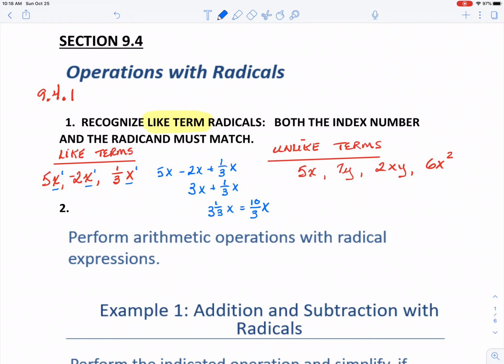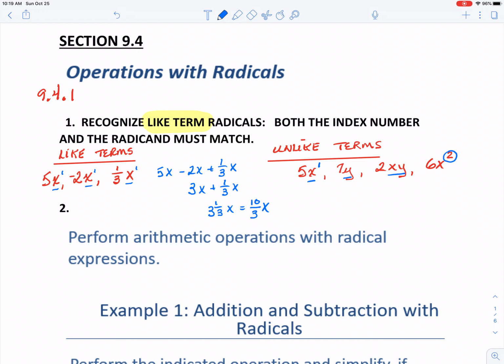Over on the right, you'll see some examples of unlike terms. What makes these unlike is that the letters are different. This contains an X, this contains a Y, that's different. This contains both an X and a Y, which is different from all the others. And this one contains an X, but it has a power of 2, where this first X back here had a power of 1.